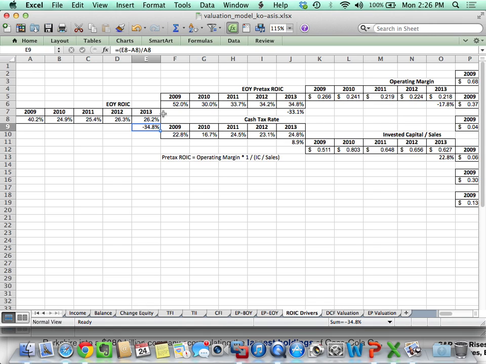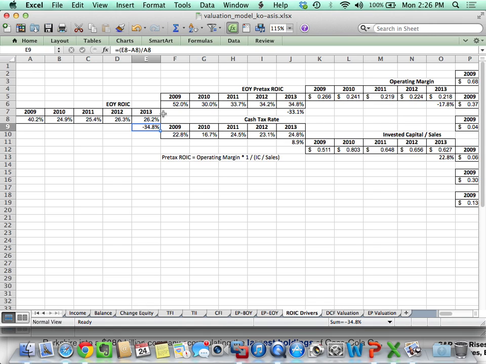Now, here's what we're going to do. For any company, manufacturing or service company, there are 3 things that primarily drive the change in ROIC. Always 3 items, and they're reflected in this tree. Item number 1 is the tax rate.